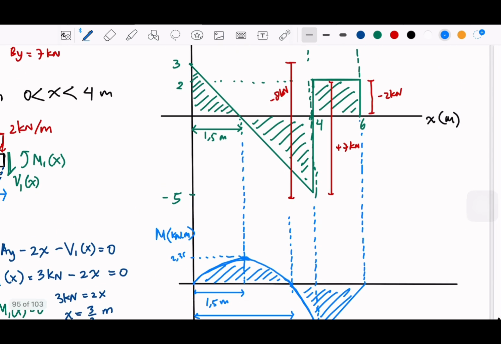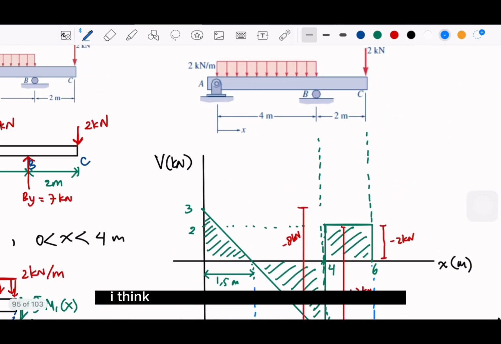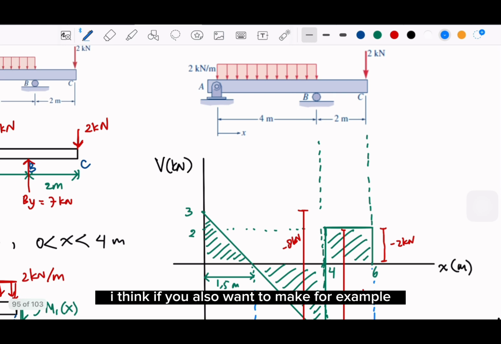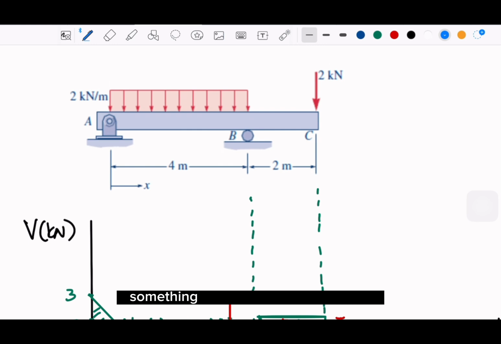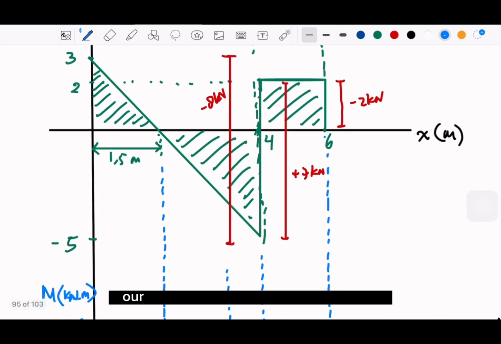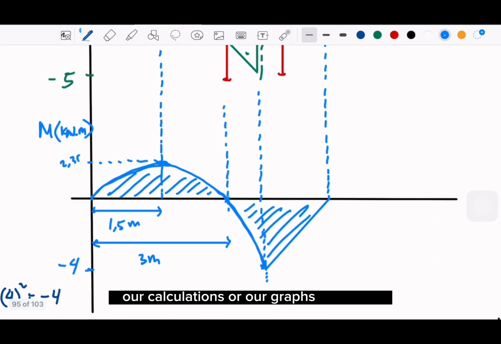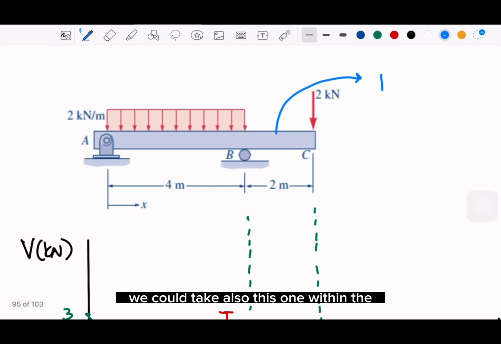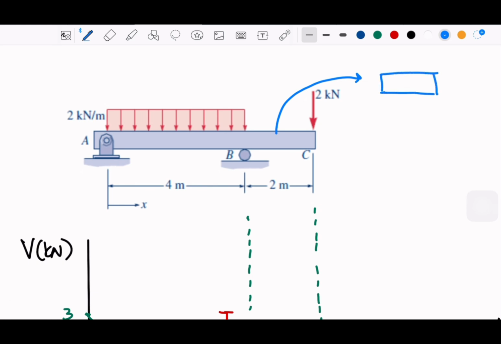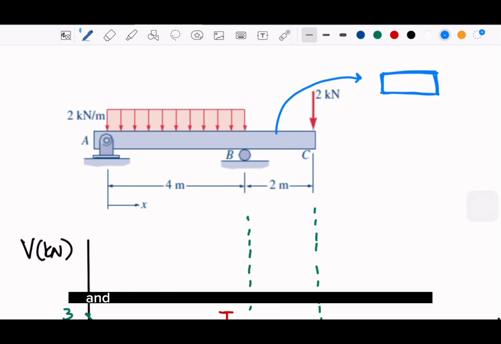Okay. I think if you also want to make, for example, something from these segments here, just to prove that our calculations or our graphs are correct, we could also take this one within this section here.